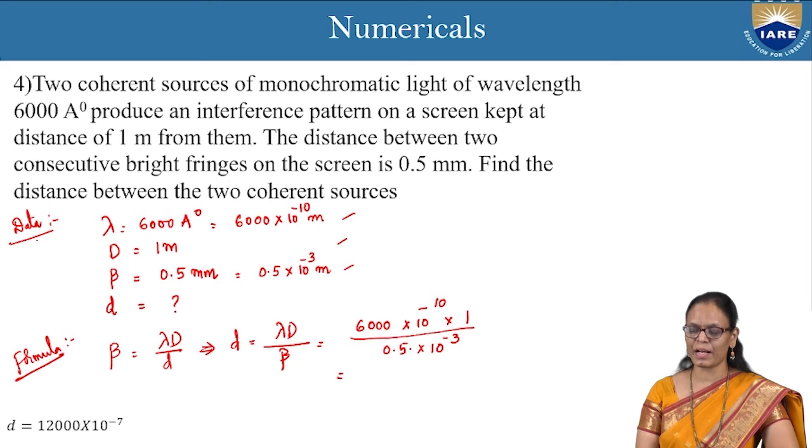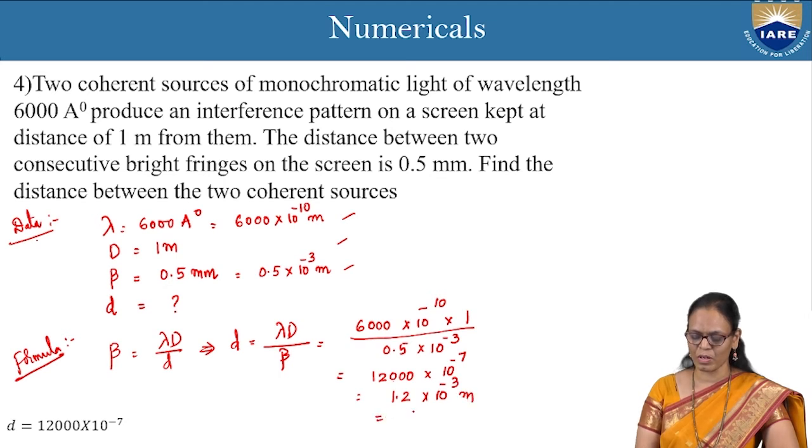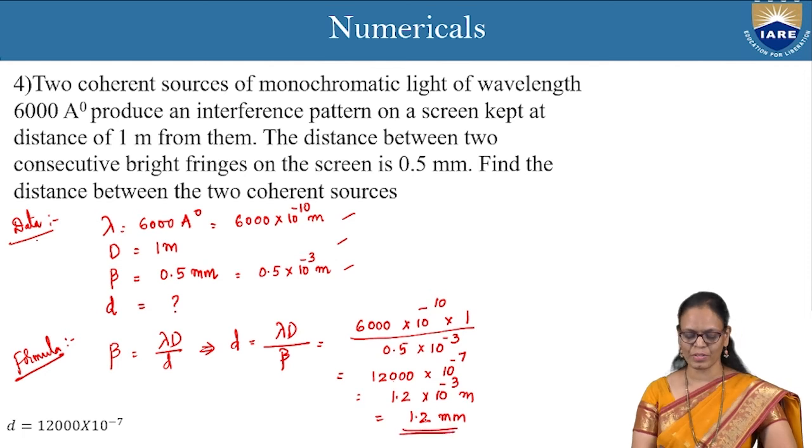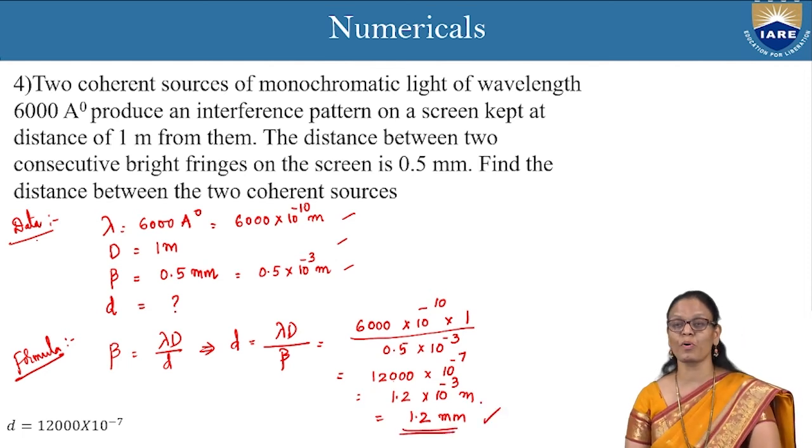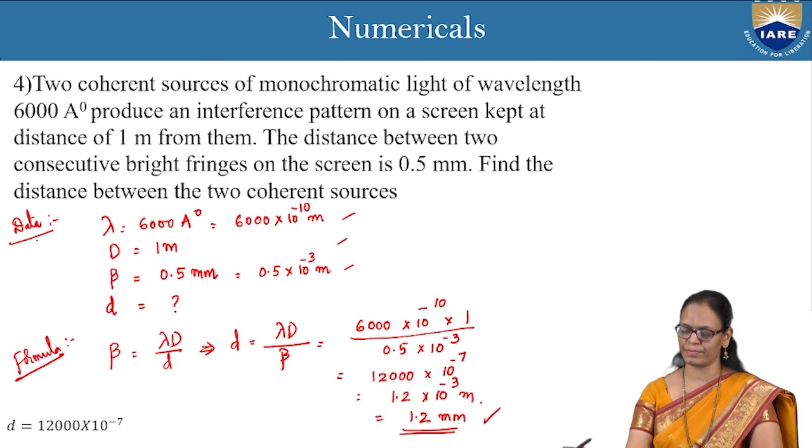So 6000 by 0.5 will give us 12,000 into 10 power minus 10 minus 3, if it goes up, plus 3, so 10 power minus 7. If I shift the decimal places, I have shifted 4 decimal places. So we can write it as 1.2 into 10 power minus 3 meter or 1.2 millimeter, because 10 power minus 3 is milli. So the distance is 1.2 millimeter.